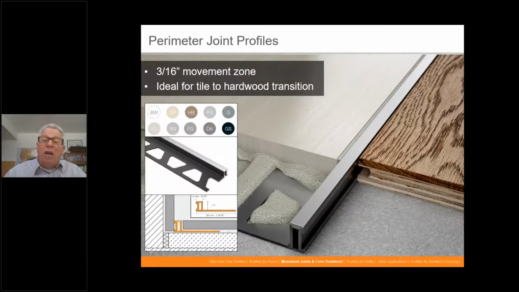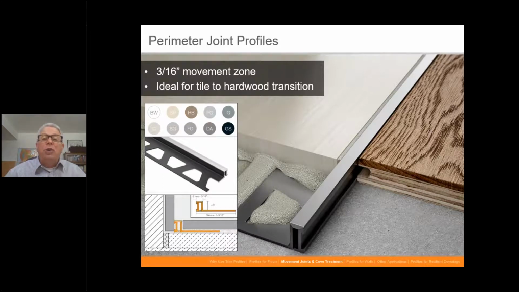I use this quite often when I was a tile contractor out in Northern California, where I would put this over the top of whatever the material was on the countertop. When I wasn't tiling the counter, just the backsplash. So I'd set this down on the countertop with a small bead of sealant to hold it in place to the countertop. I'd set it into the thin set on the backsplash and then stack my first course of tile off of it.